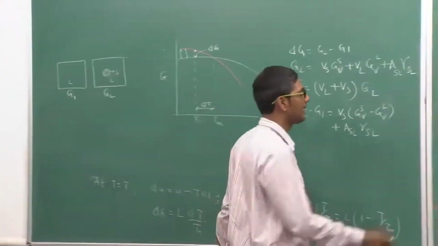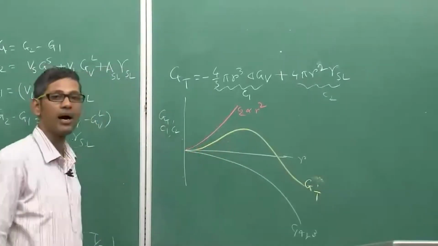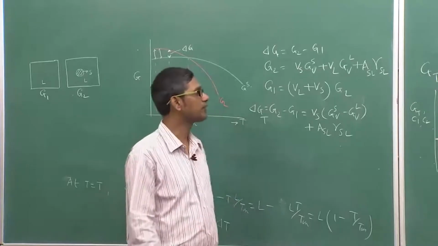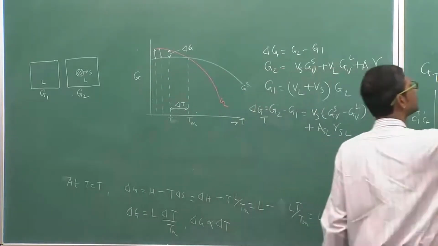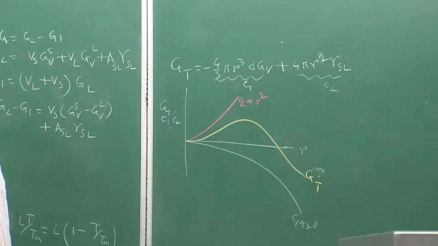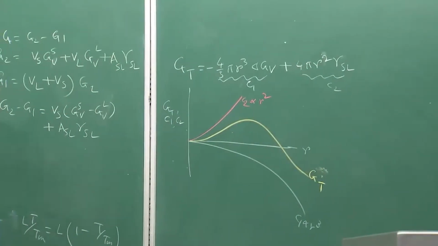As you see here, for small values of R the total free energy of the system increases, because the C2 term dominates and C1 is much lower than C2.